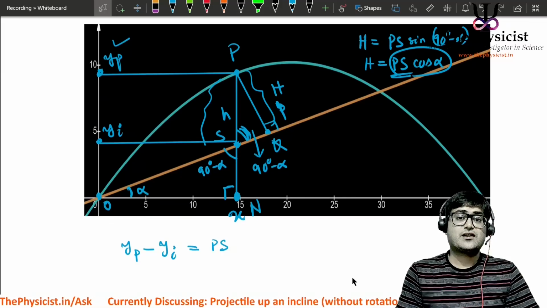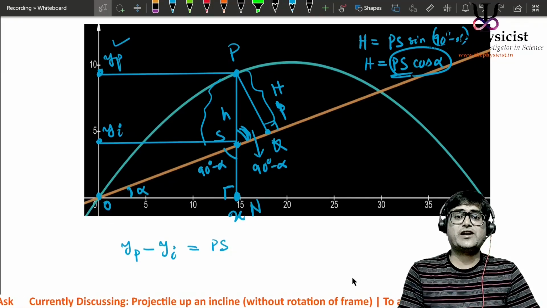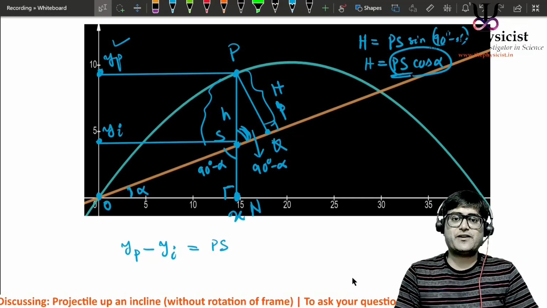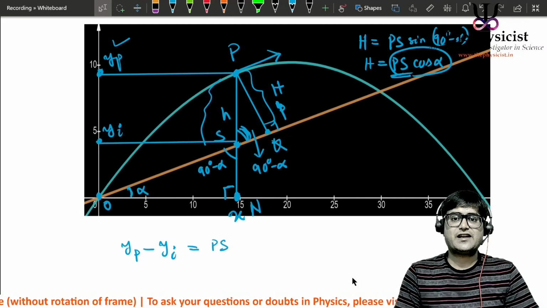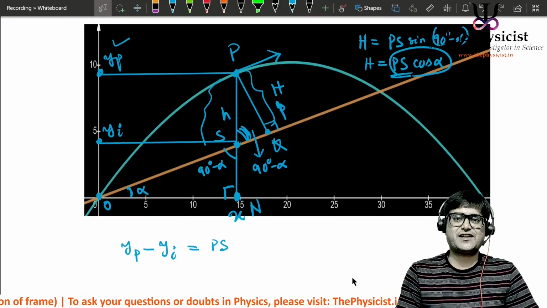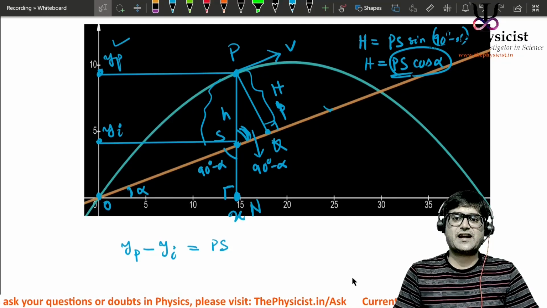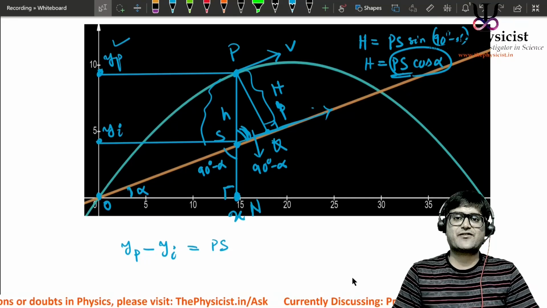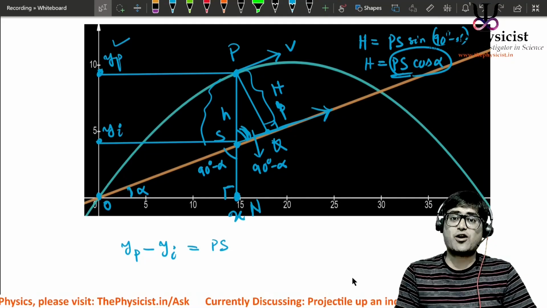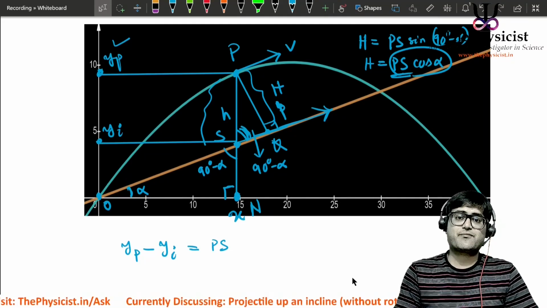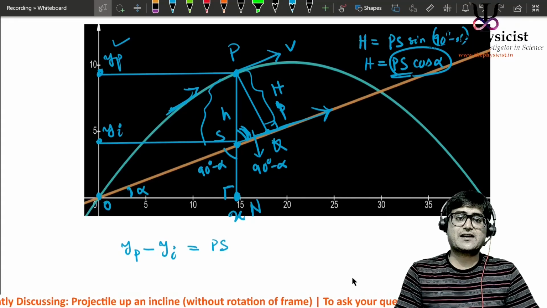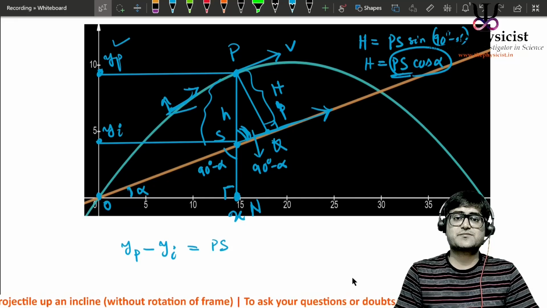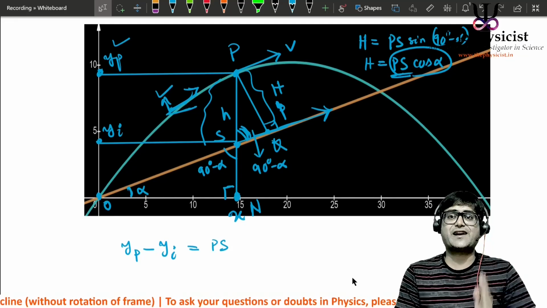How would you know where the point P will be? Wherever the point P will be, the velocity there will be parallel to the incline. That's where it will have the maximum height. If it has any component perpendicular to the incline, that is going to take it even higher.